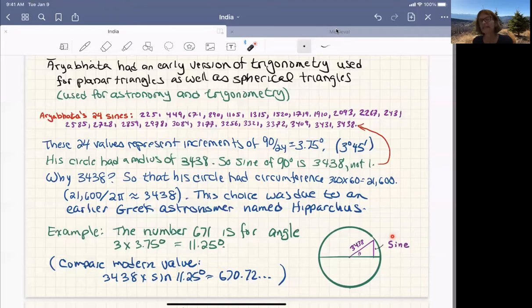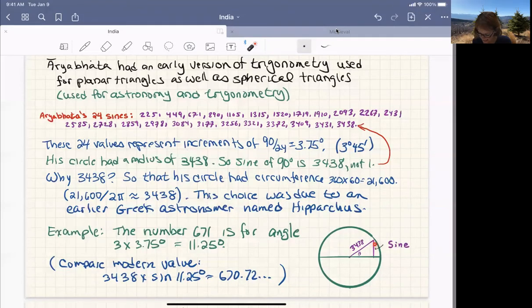And so our sine is just going to be a number between 0 and 1. But for Aryabhata, his circle had radius 3438.